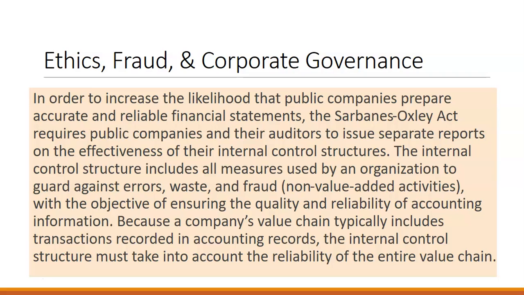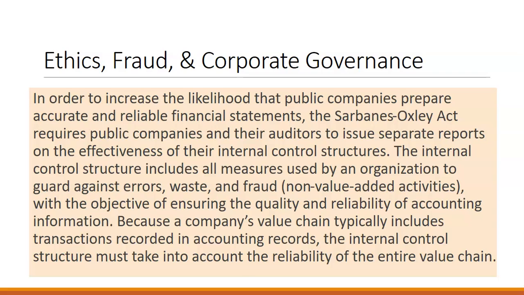The objective is that we increase the quality and reliability of accounting information. So we want to trust accounting information that companies are putting out. That is why all current regulations exist, especially the Sarbanes-Oxley Act, which came about after the Enron fraud and created measures to increase the public belief that accounting information was good and not fraudulent.